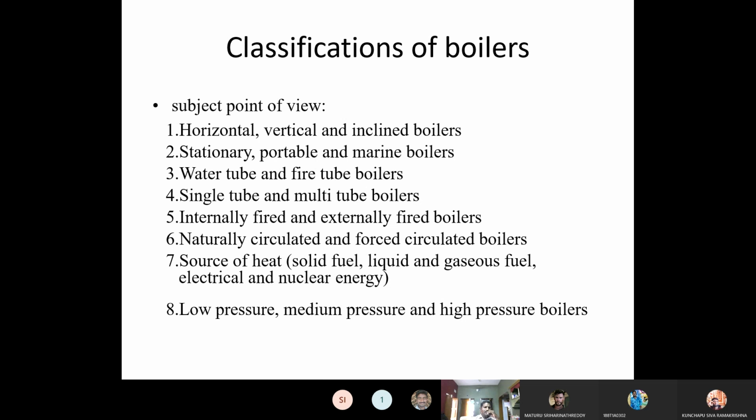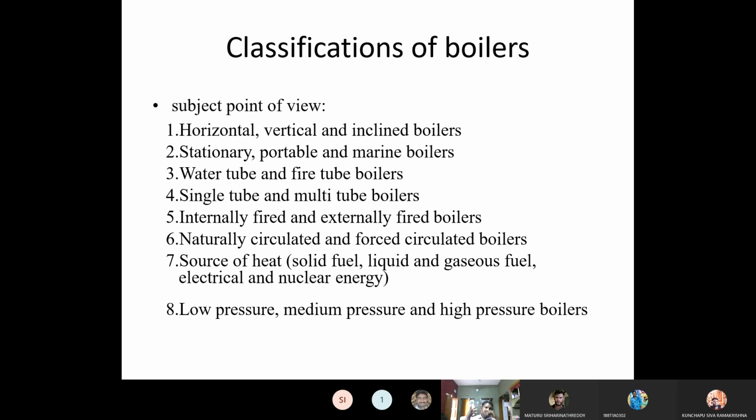According to the structure through which water is flowing and the gases are flowing, boilers are classified into water tube boilers and fire tube boilers. Fundamental difference: inside the tubes, if water is flowing, then that boiler is called a water tube boiler.